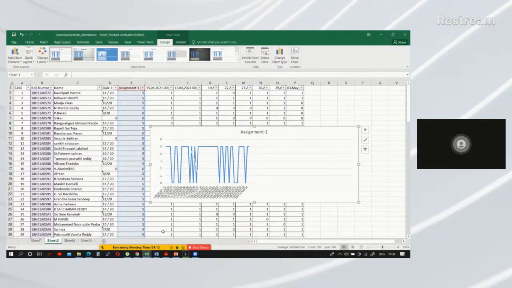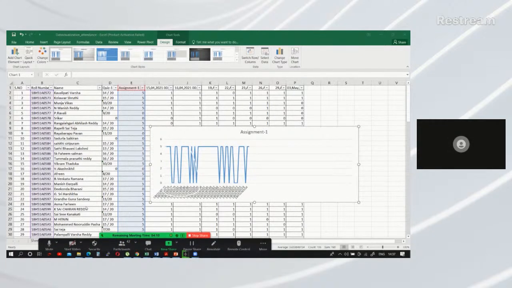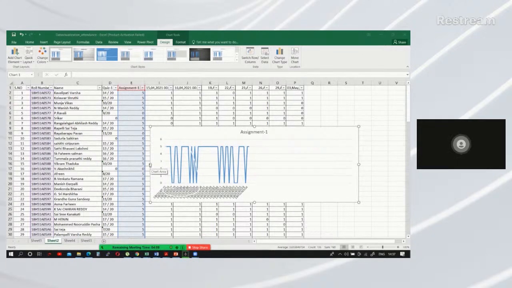This is a line graph of the assignments.